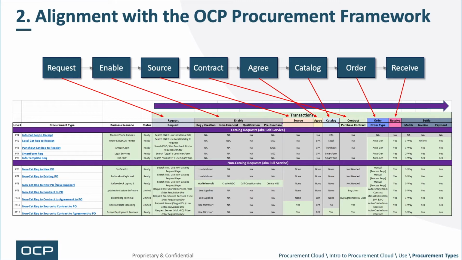As you would expect, a punch-out catalog request goes to approval, out to the supplier, and then is received. It does not have a sourcing or a cataloging associated with it. That cataloging's been done, and perhaps the sourcing was or wasn't done, but it's not part of just a simple request from a punch-out catalog that you're going to receive. That's an example of how there are different mixtures of transactions given the different types of procurement.